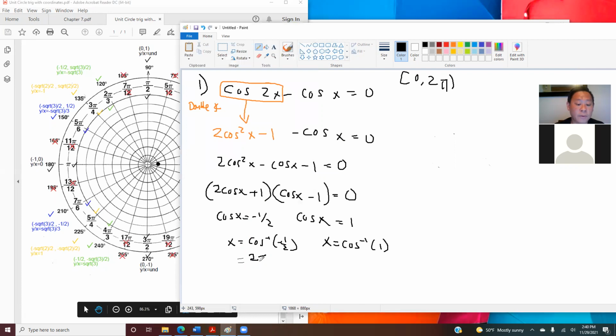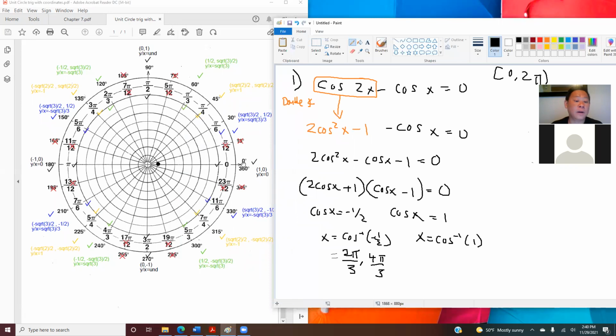So this is 2 pi over 3 and 4 pi over 3. And what about arc cosine of 1? That will be either what? This is only 0, right? So this is your answer in this case.